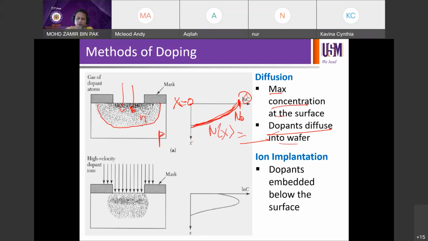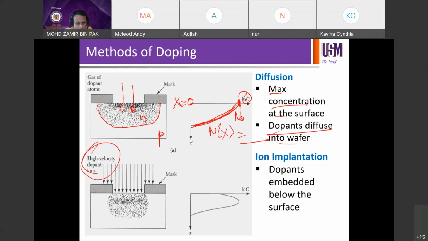Dopants diffuse into the wafer, right? The diffusivity of phosphorus and the diffusivity of boron that we discussed last time in phase 6. So it's going to diffuse into the silicon, taking that profile. On the other hand, if you use ion implantation, we use high-energy dopant ions embedded or bombarded into the surface of the silicon.